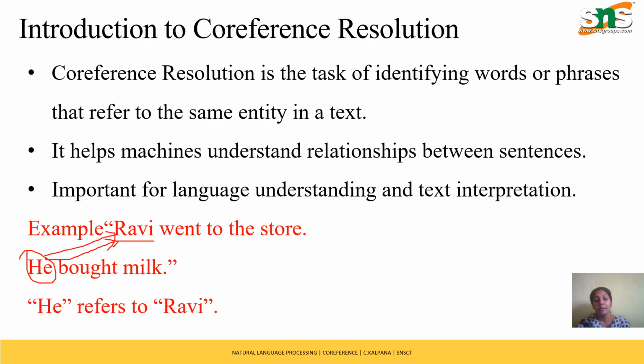Here he refers to Ravi. Your NLP system must understand these references and relationships. Then only the text interpretation will be correct, and understanding the language and the context of the text will be done in a proper way.